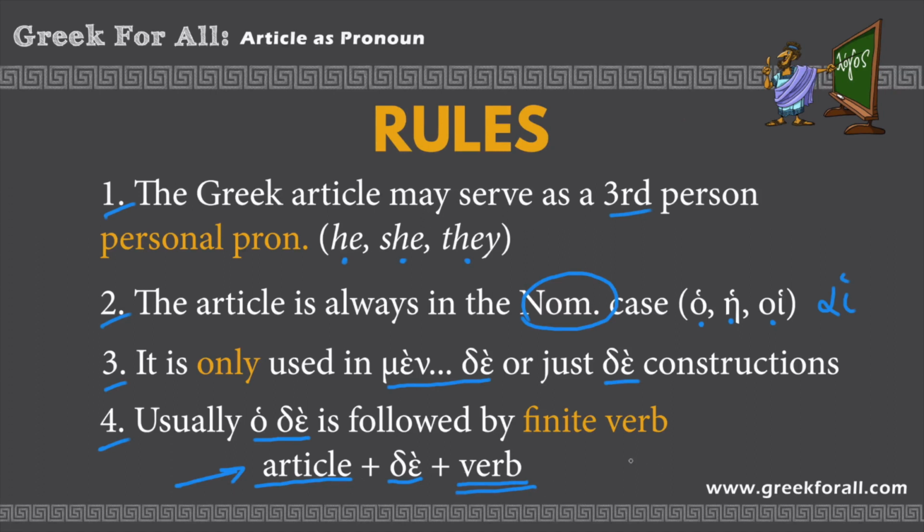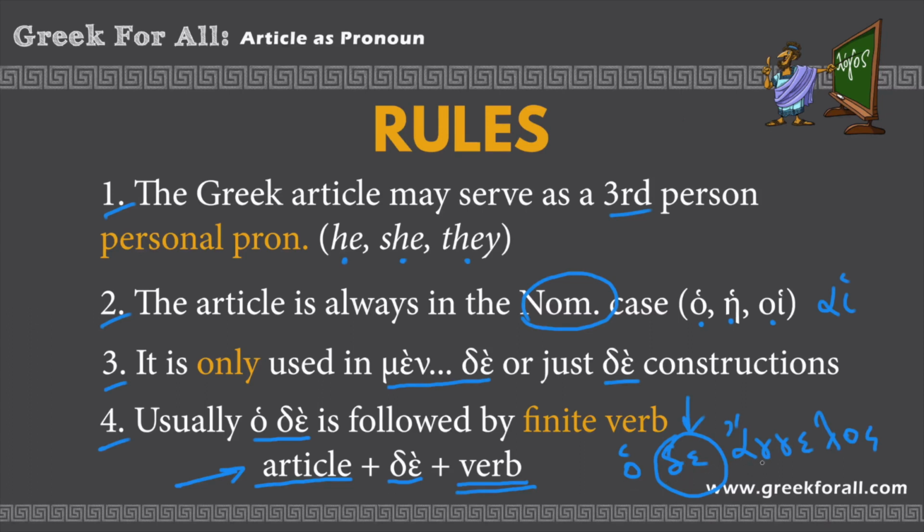So article, de, and verb, because sometimes we can see, for example, ho de angelos, right? So ho de angelos, so this is a noun, and for Greeks it's not a big deal to insert this particle de in between the article and the noun, and we usually translate it as but the angel.